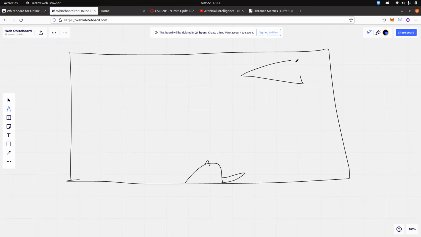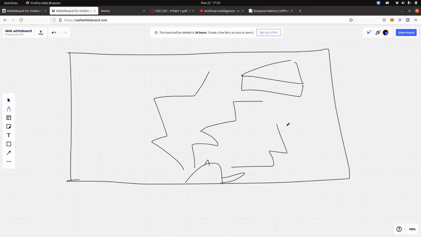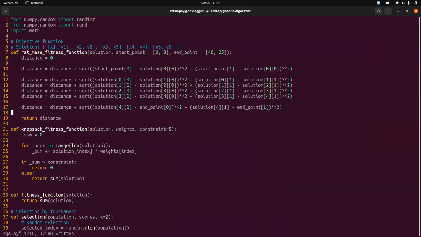This is the cheese. Okay, so you have different solutions. Something like this. Okay, another solution, until you actually reach the cheese. So your population, now let's say population is equal to 100, your population will be 100 chromosomes that has this particular form.